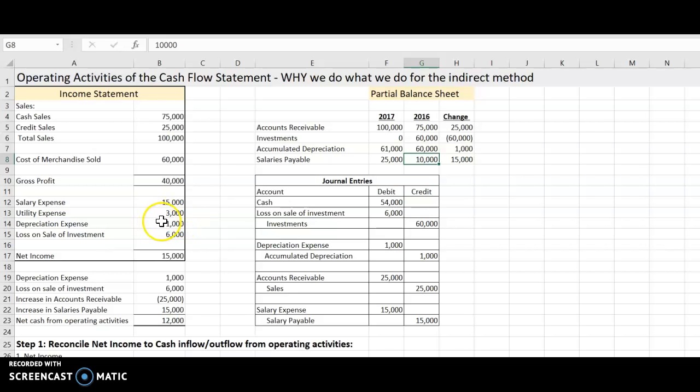Because I'm paying out from a previous period. So if it went down, this means I need to reduce this because more cash went out than what I showed inside my net income for the period. And remember, this is only for current assets except cash and current liabilities except dividends payable.